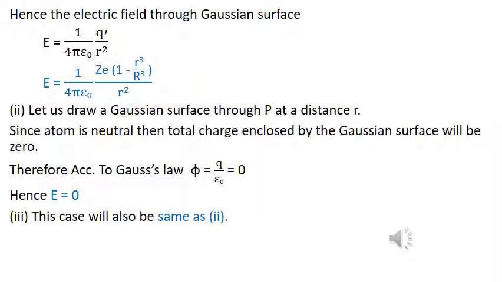That is, if we draw a Gaussian surface outside the atom, then the charge enclosed will be 0 for a neutral atom. So the electric field will also be 0. This happened in the third case also.